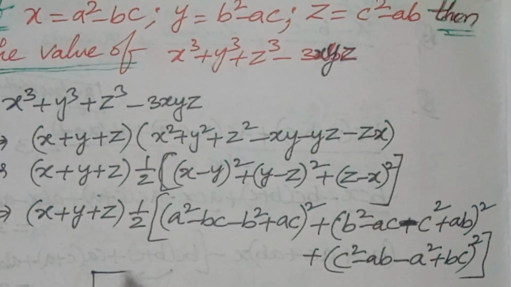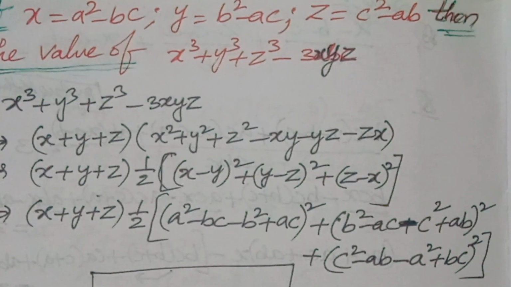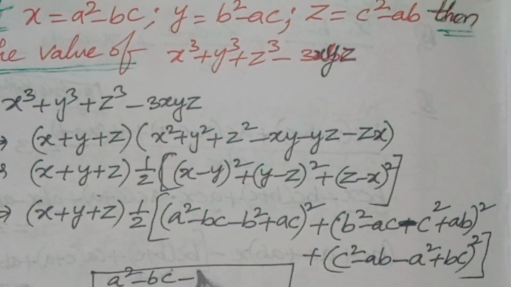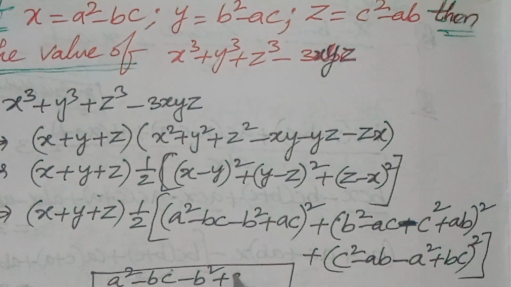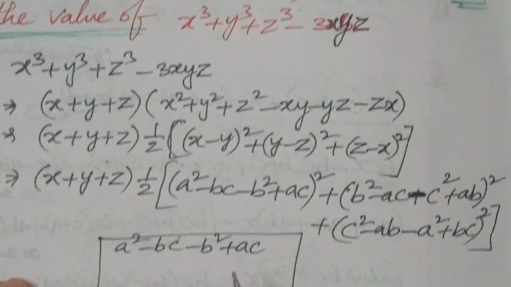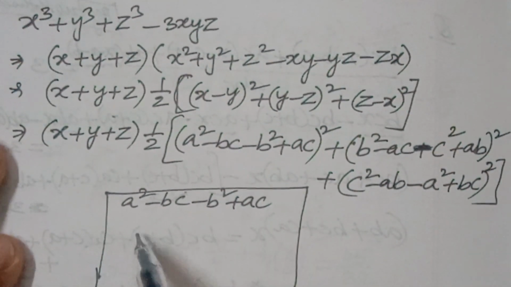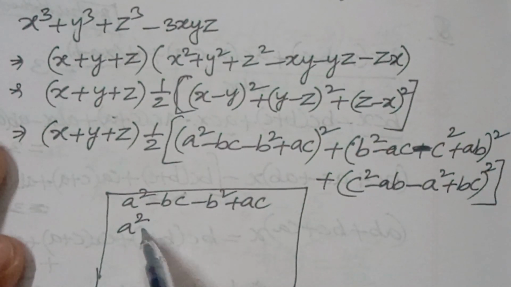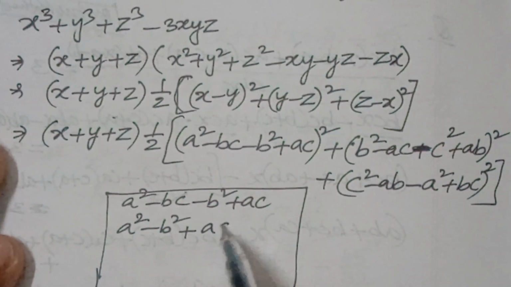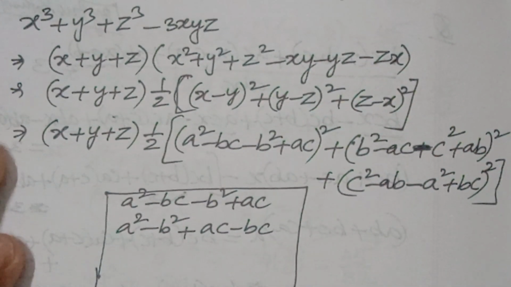Now here I am solving the first one. So here a square minus bc minus b square plus ac, whole square is given. Just I am solving this. A square minus b square plus ac minus bc.